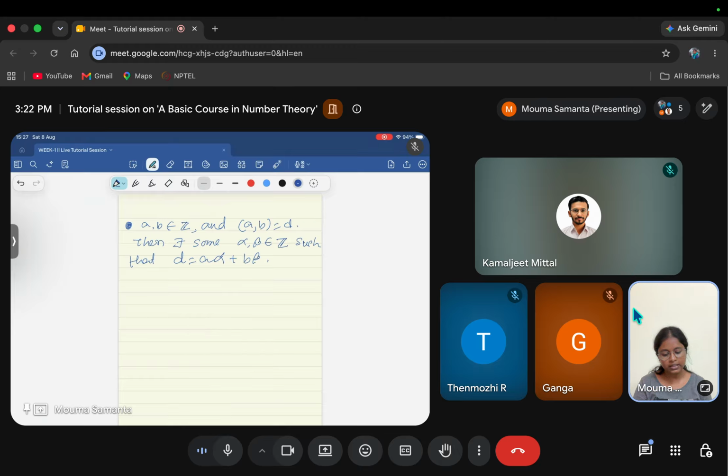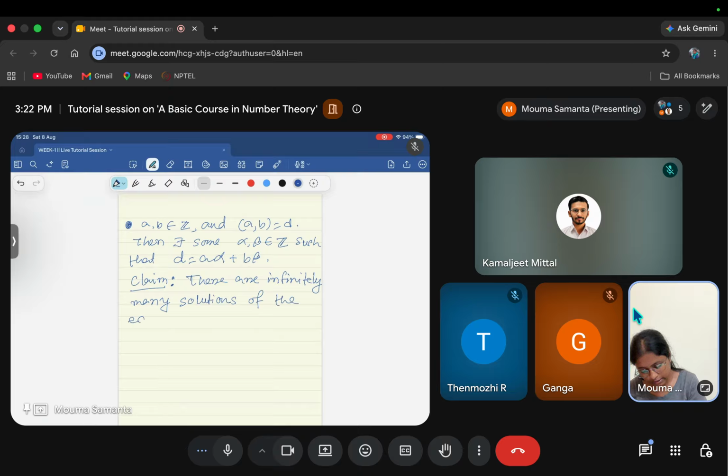Now my claim is there are infinitely many solutions of the equation ax plus by equals d.